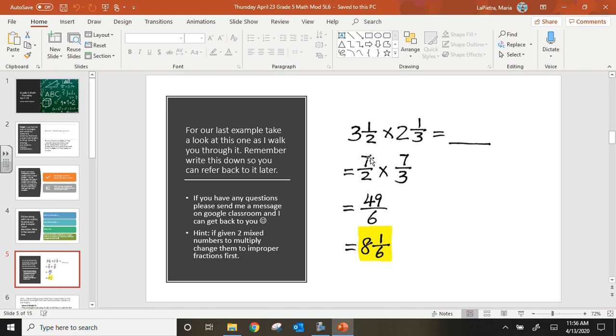And then we multiply across. 7 times 7 equals 49. 2 times 3 equals 6. When I divide that, because it's an improper fraction and the top number is more than the denominator, you are going to come up with 8 and 1/6. That should be your answer.